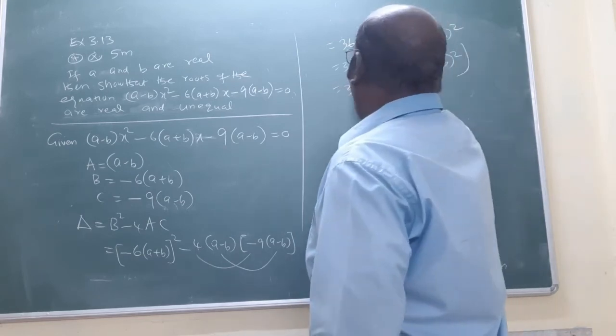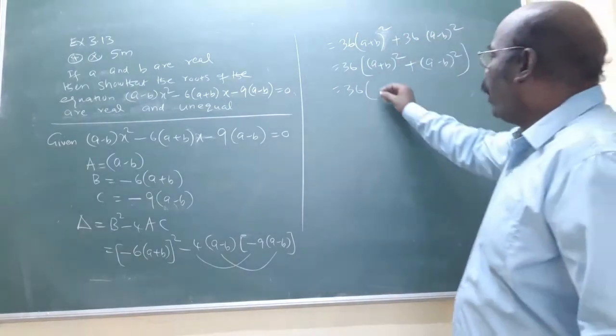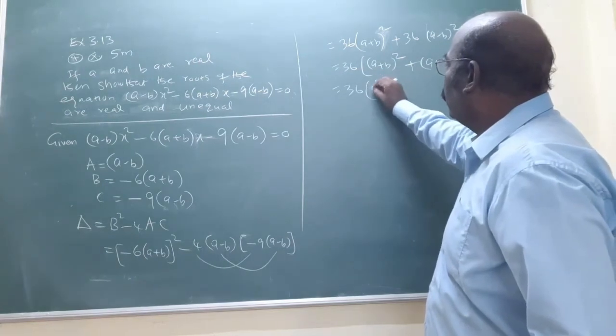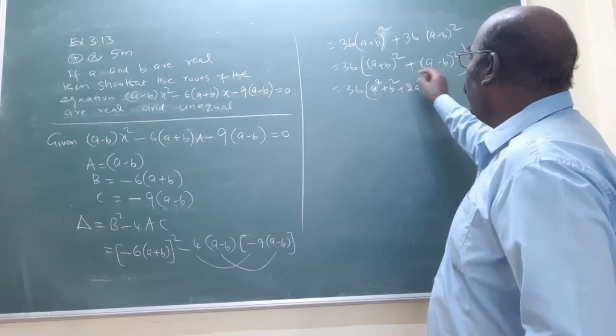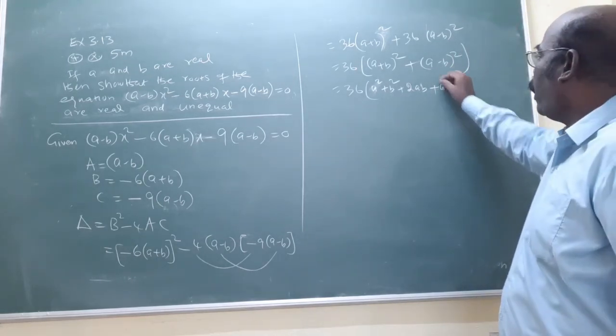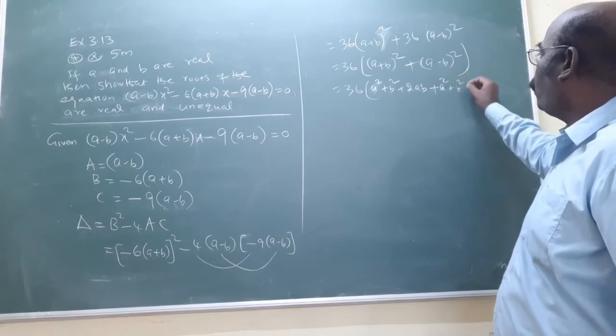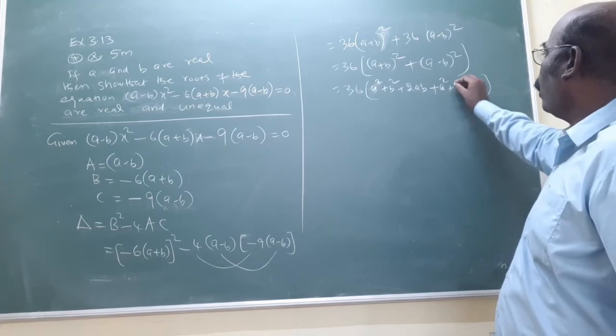Now already you know the formula. A plus b whole square, what is the formula? A squared plus b squared plus 2ab. And a minus b whole square is a squared plus b squared minus 2ab. Am I correct?